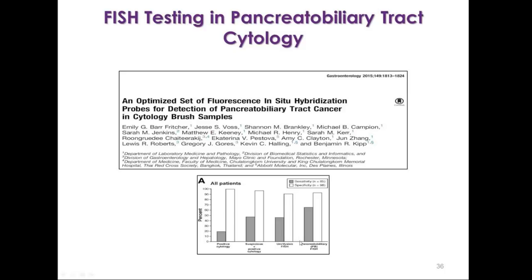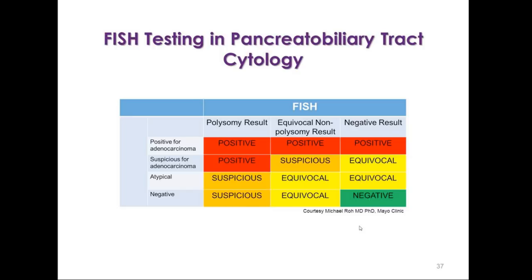It's kind of similar to the UroVysion probes, but a little different, and it shows a better sensitivity than the UroVysion FISH assay. And this is how the Mayo Clinic utilizes the cytology in conjunction with the FISH assay to decide how they would report the final diagnosis on this cytology specimen.